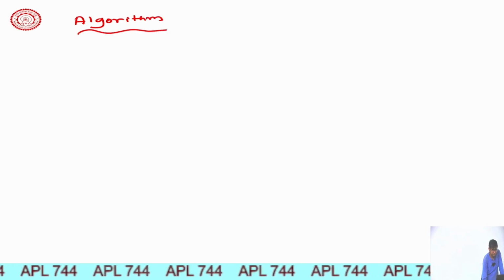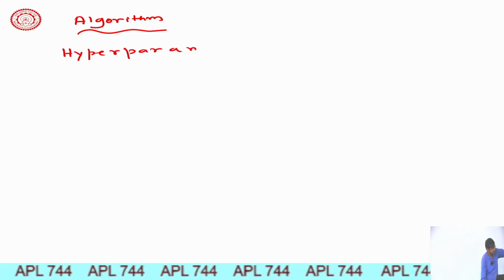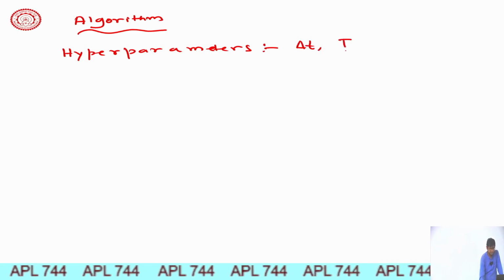Okay. So the algorithm: obviously there are many hyperparameters, I am not writing those. There are many, delta t, capital T, these are all hyperparameters. Okay.